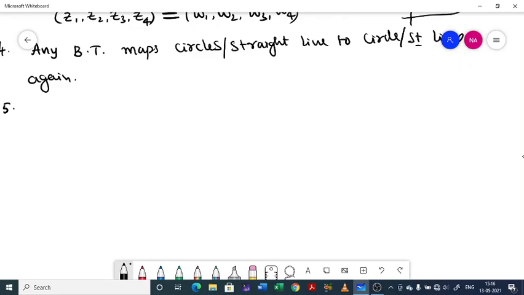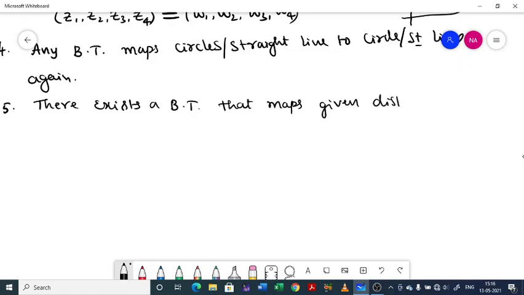There exists a bilinear transformation that maps given distinct points Z1, Z2, Z3 to W1, W2, W3.